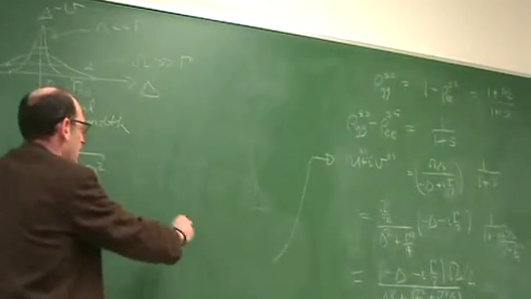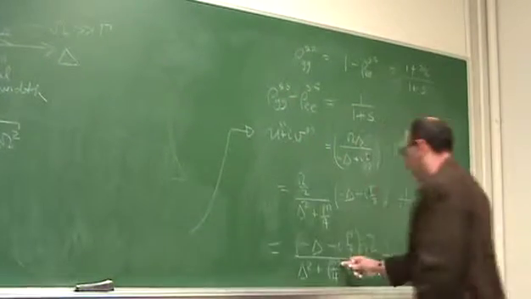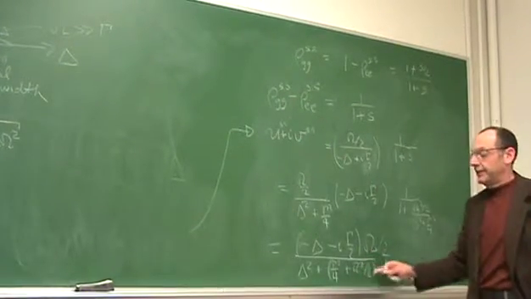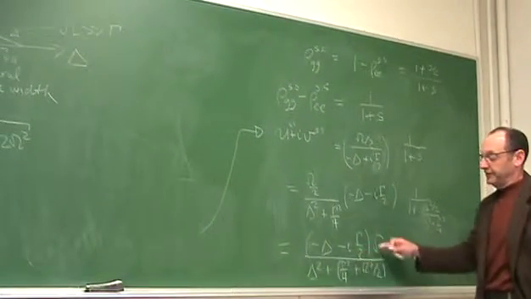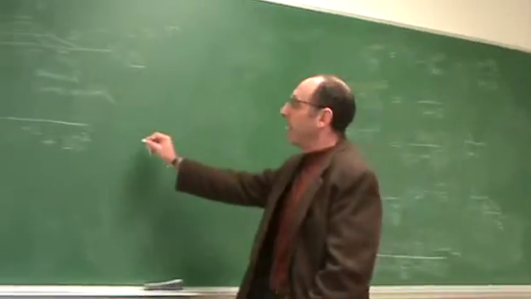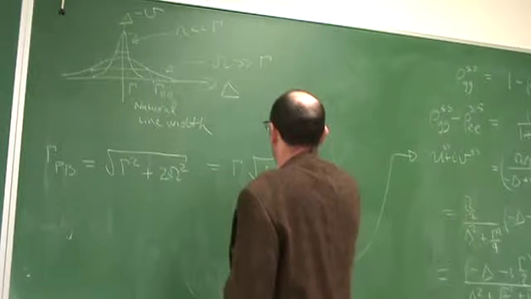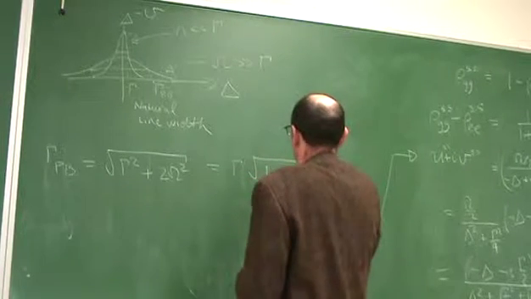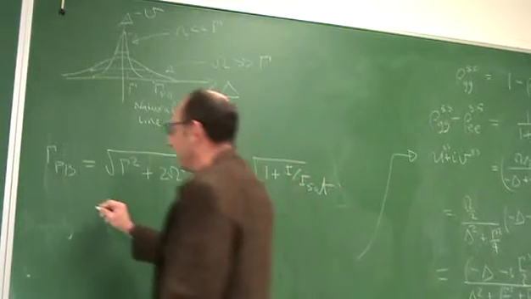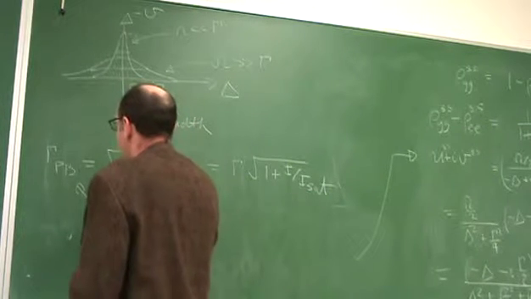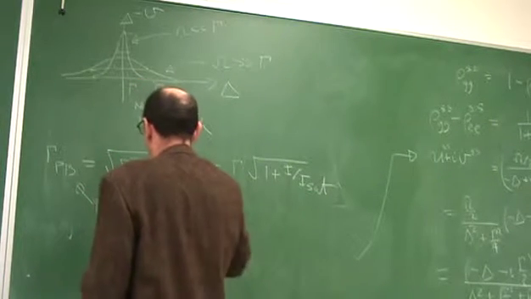If I factor out gamma squared over 4, you see that there is an increase in the line width. That increase is exactly equal to the square root of 1 plus I over I sat. And PB stands for power broadening.